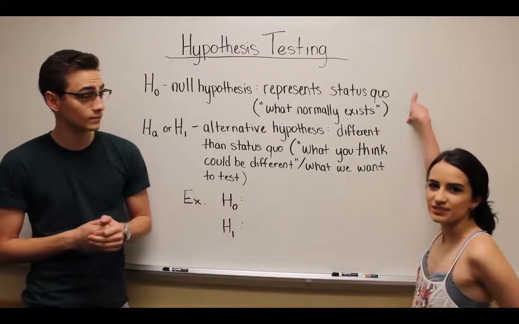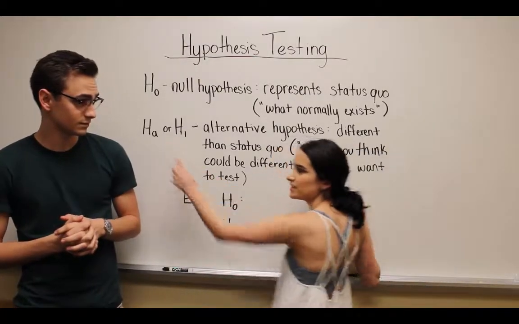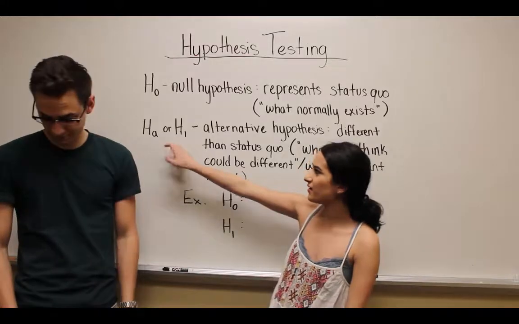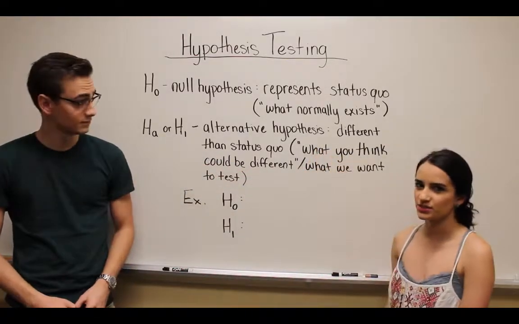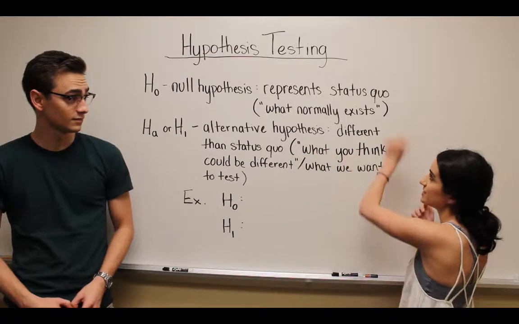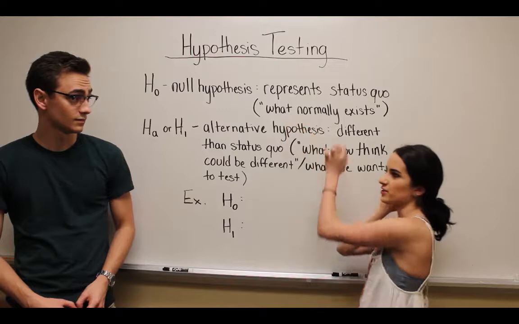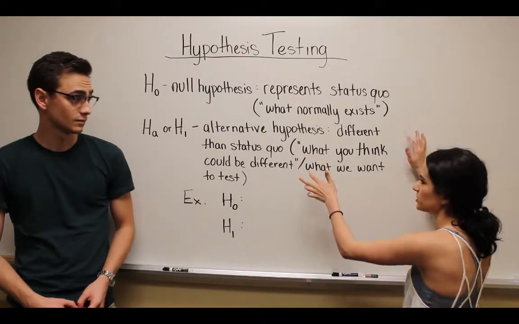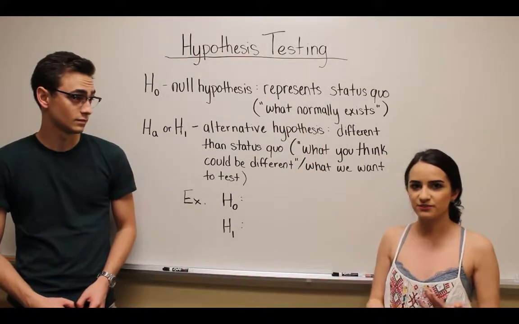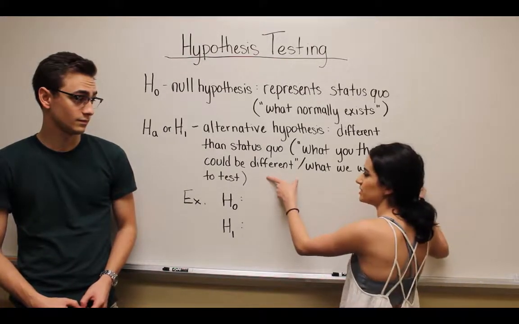So that's what's normally accepted, and so the alternative hypothesis, which is sometimes notated as H sub A or H sub 1, usually just called the alternative, or your research question, is what's different than the status quo. So usually this is an exact opposite of what your null hypothesis is. And in this one you're trying to determine what you think could be different, or what you want to test. So in this case this is your research question.